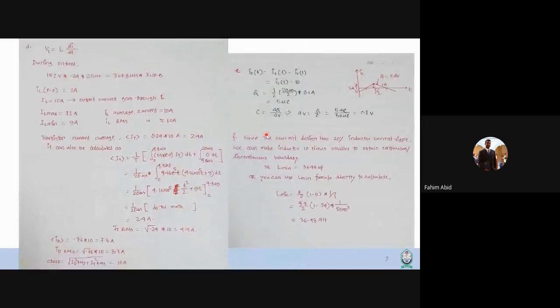First comes the inductor current. For the inductor current, you have to calculate the average value. So you know that VL is equal to L di/dt. During on time, this is your V, and this is the on duration time.